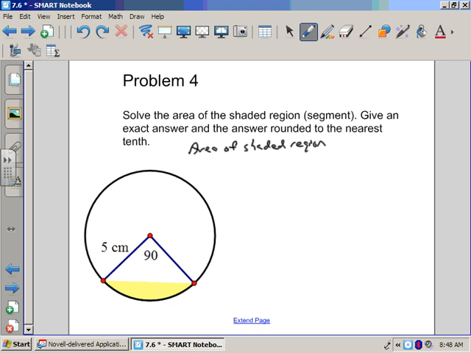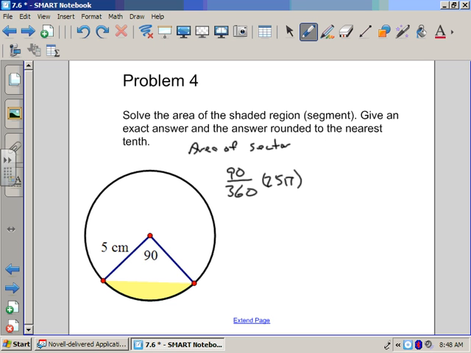Let's find the area of the sector. The area of the sector is going to be 90 out of 360 times the area of the circle, which we know is 25 pi.